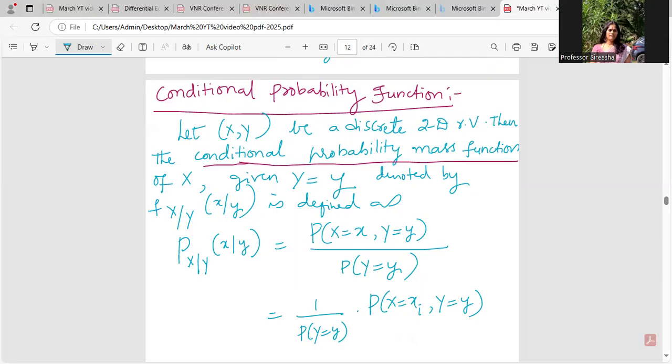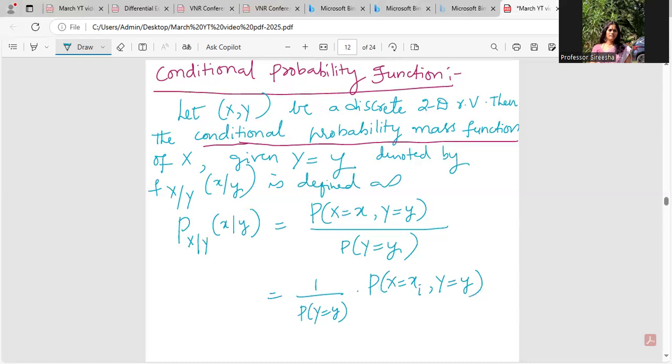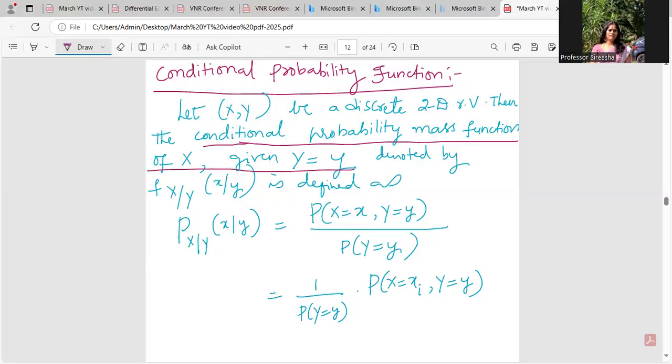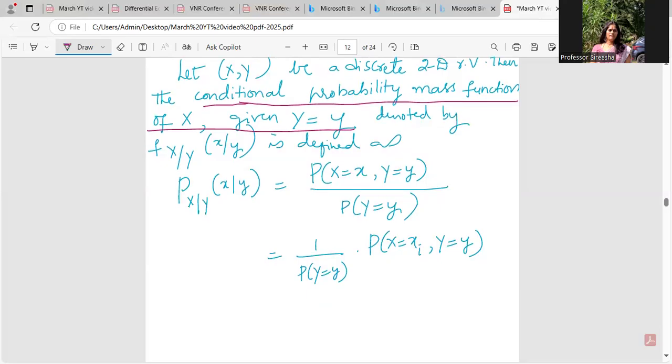Now, the other version also let us write. This is the conditional probability mass function of X, provided Y is given. Similarly, the opposite one: conditional probability mass function of Y given X. That also let us write.